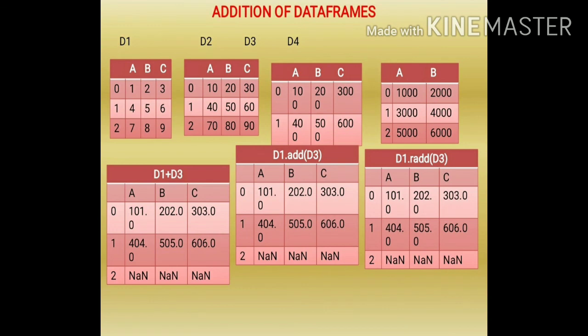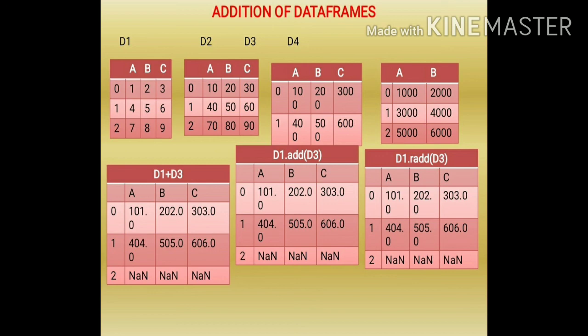Now in this next slide, you can see we are adding D1 and D3. Here D1 and D3 do not have the same rows and columns. D1 has 3 rows and 3 columns, while D3 has 3 columns but 2 rows. So how is the data added? See, 100 plus 1 will give you 101, 200 plus 2 gives you 202, 300 plus 3 gives you 303.